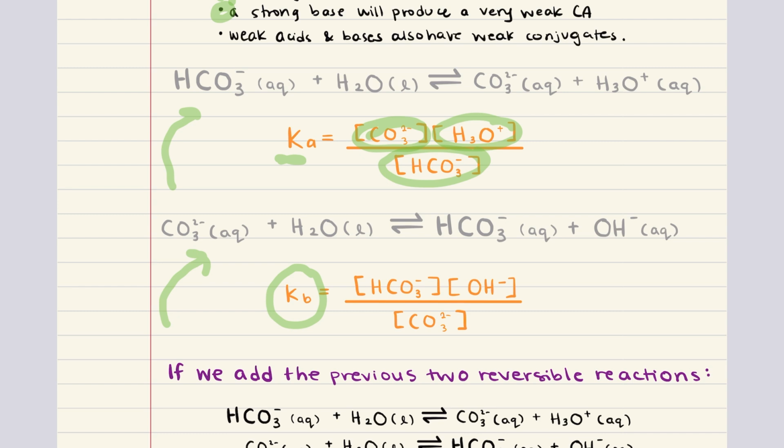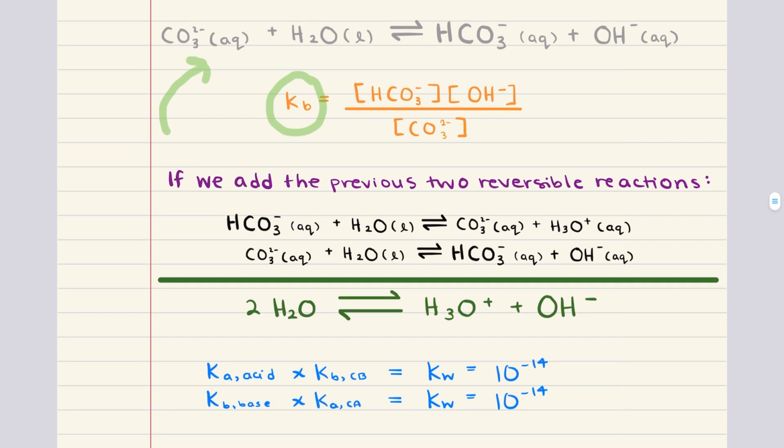Now, when you add these two reversible reactions together, you essentially describe the autoionization of water, where water molecules react with each other to form hydronium ions and hydroxide ions.